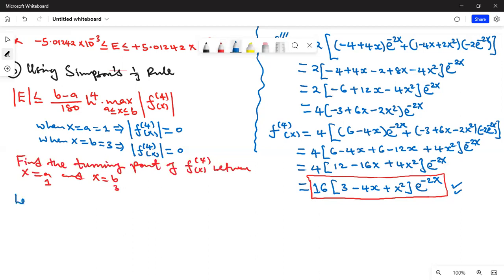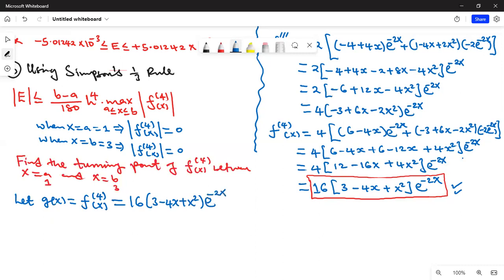So this is how you're going to get the turning point. Let g of x be equal to that fourth order derivative, that is f raised to 4 of x. And what was it? It is 16 times 3 minus 4x plus x squared, exponential negative 2x.